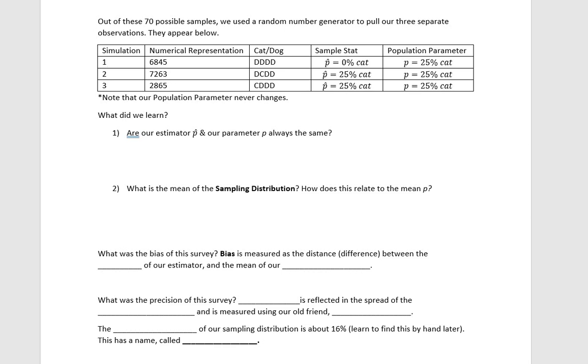Are our estimators, p hat, and our parameters p always the same? No, our sample does not always equal our population. Something I want to point out to you guys is notice that the population always stays the same. It's our sample that can change.